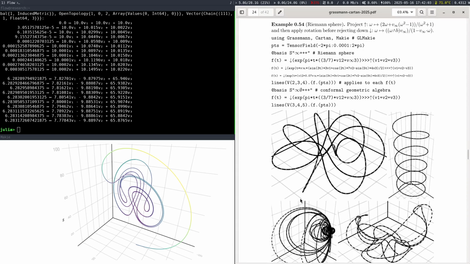All right, so this is another example involving this Riemann sphere in projective geometric algebra. So let's define a set of points like this.